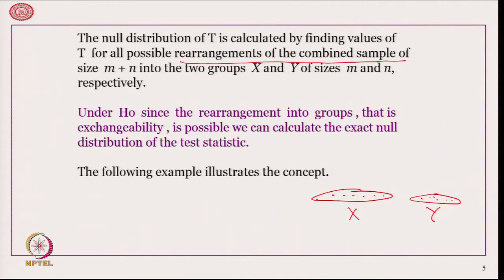That is, this total m plus n many observations we could permute among themselves such that here comes m and here comes n of them, and under the null hypothesis they should all be equally likely. This is what is exchangeability. That means, any x observation can be exchanged with an y observation and vice versa.